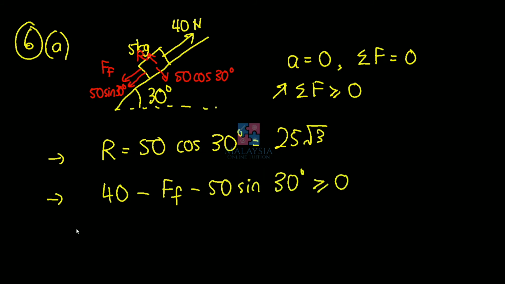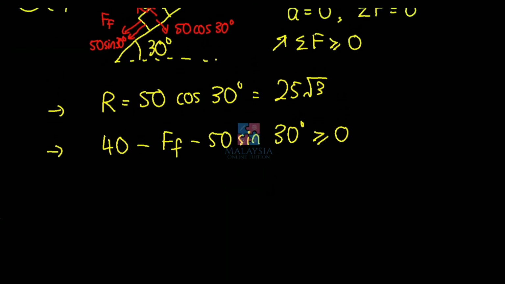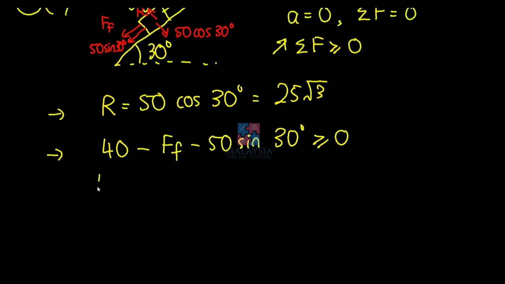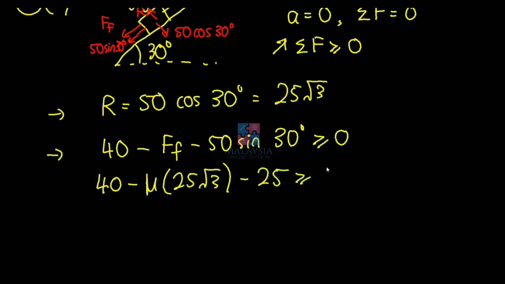Now, our frictional force is mu R, so we can change that into mu multiplied by R, which is 25 root 3. And then sine 30 degrees will be half, so 50 times half will be 25. So minus 25 to be bigger than or equal to 0.